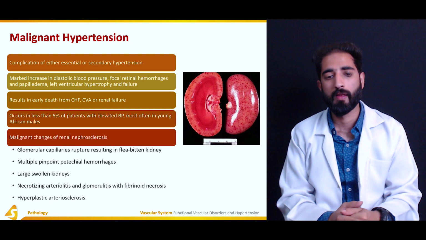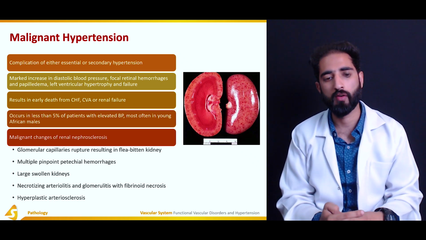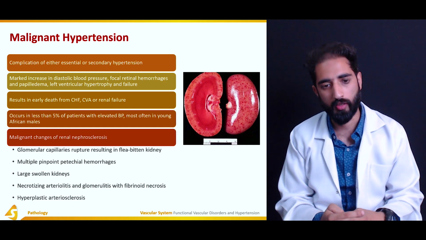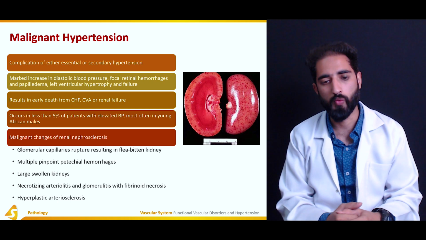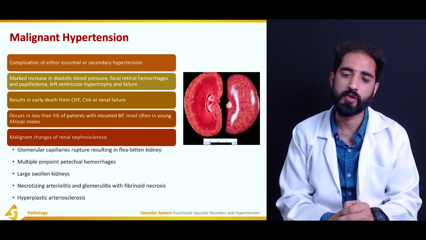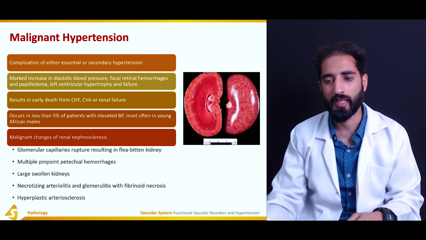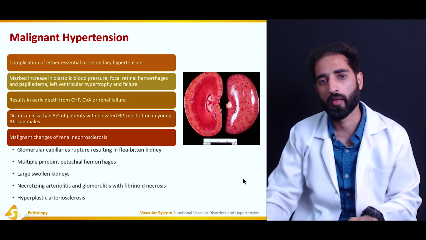It occurs in less than 5% of patients with elevated blood pressure, most often in young African males, and it results in malignant changes of renal nephrosclerosis and glomerular capillary rupture, resulting in flea-bitten kidney. As you can see in this picture, these red spots look as if some flea has bitten the skin.